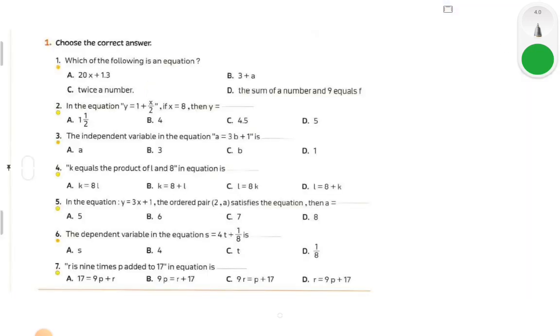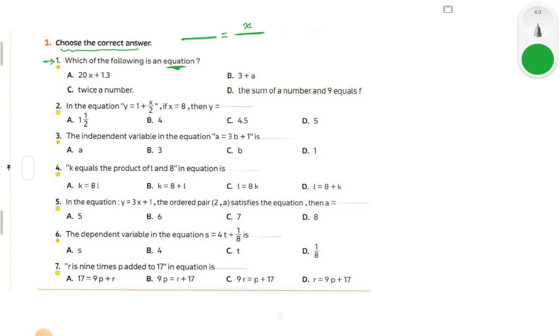Here we have our first question. Choose the correct answer. Point number 1. Which of the following is an equation? An equation means I have a left side, an equal sign, and a right side, but I must have some variables like x or y.